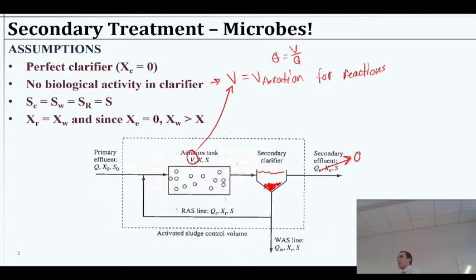Since a membrane can do a better job at preventing bacteria from passing compared to a gravity system, you can actually operate at higher bacterial concentrations, and that can give you better treatment. It's just a little bit more expensive in terms of infrastructure and the pressure costs to operate the membrane.